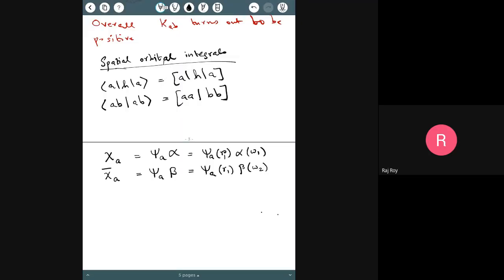These two can also be written in shorthand notation as A and A bar.